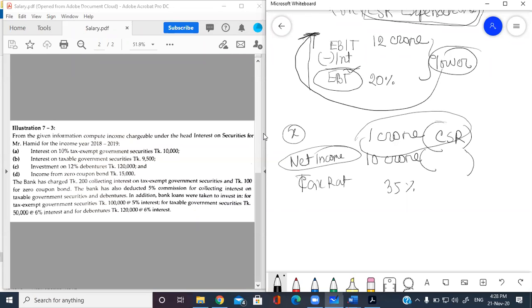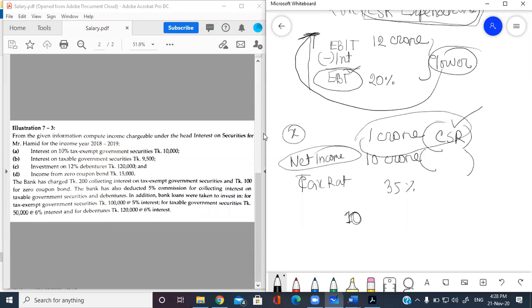What does it mean? It means that your taxable income cannot be adjusted for expenditure for CSR.